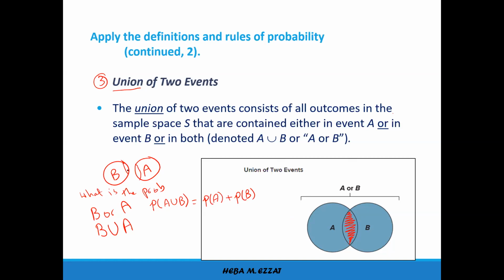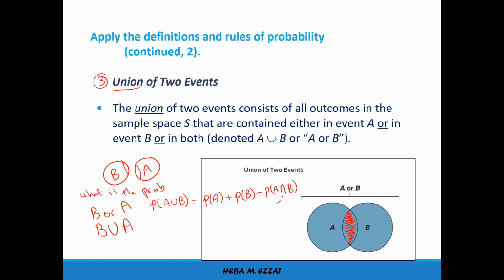This is the intersection area between both of them. As I am adding the whole A, including this intersection area, and if I am adding the whole B, including this part of the intersection area, this area would be calculated 2 times. So in order not to calculate it 2 times, we have to subtract the probability of this intersection area.